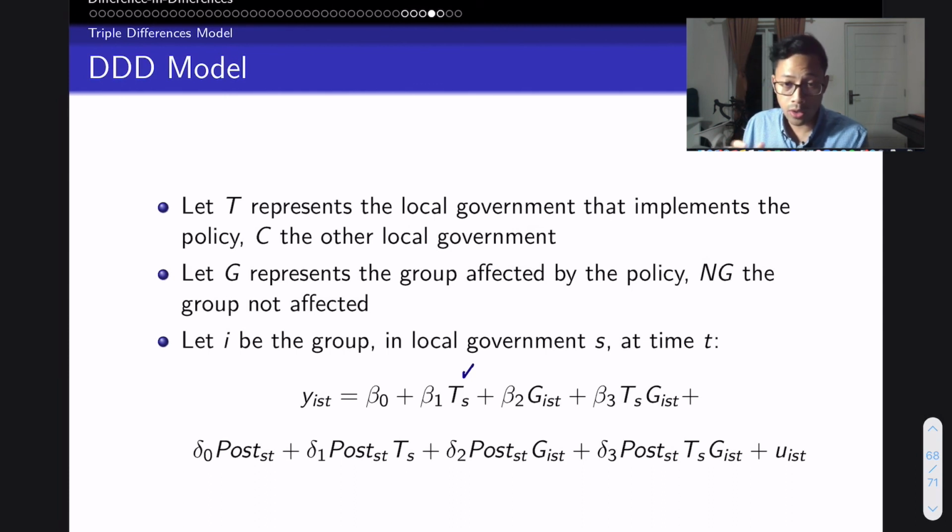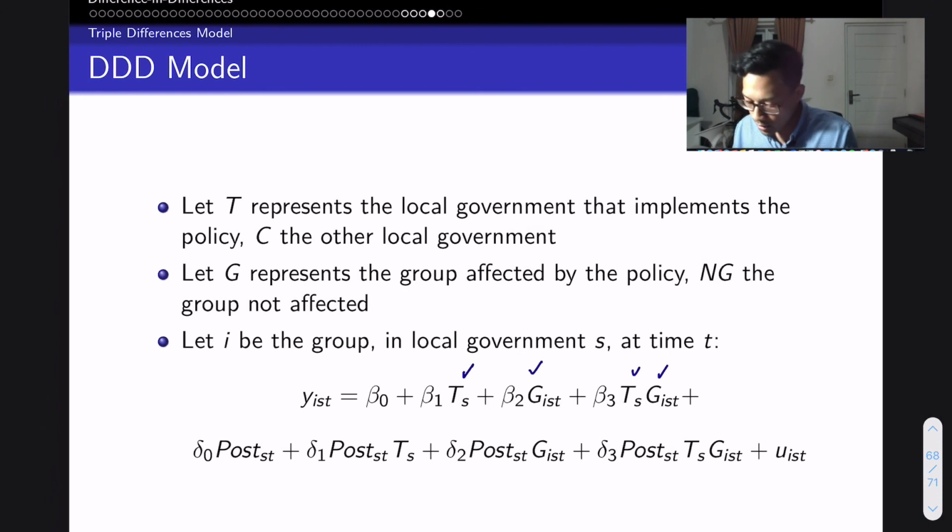Of course, with all these differences, we want to see before and after for the two DIDs. The first one is the DID for poor and non-poor subpopulations within the treated area, and then before and after for the treated group within the local government and the other local government.